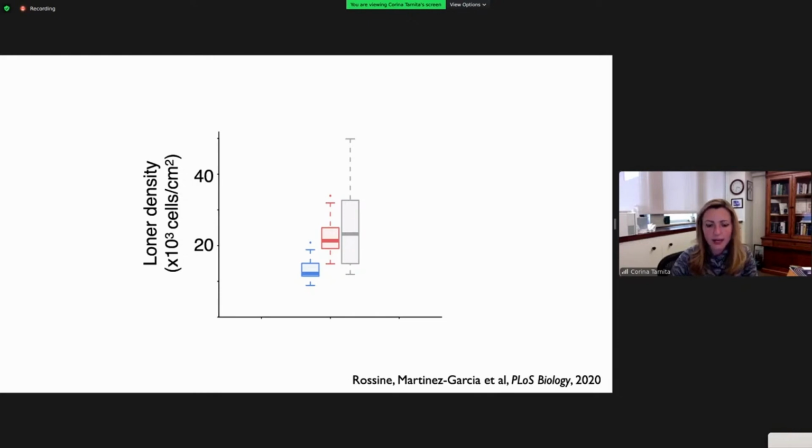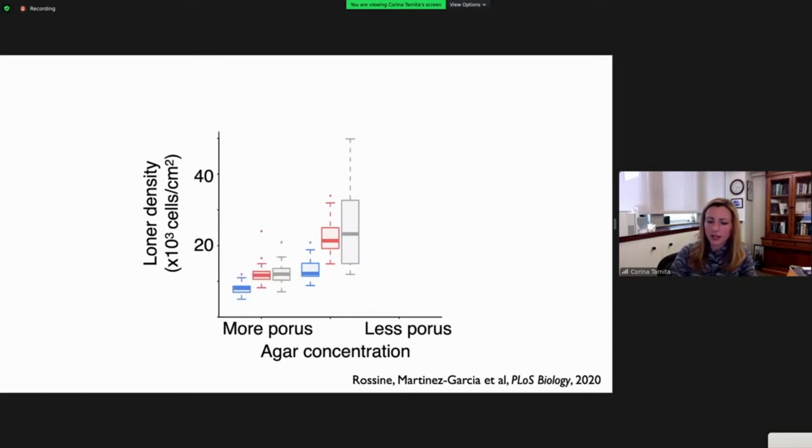The other thing he did, and this was almost accidental how he realized this, was to see that these numbers were very heavily influenced by the porosity of the agar. At more porous agar, there were far fewer loners.